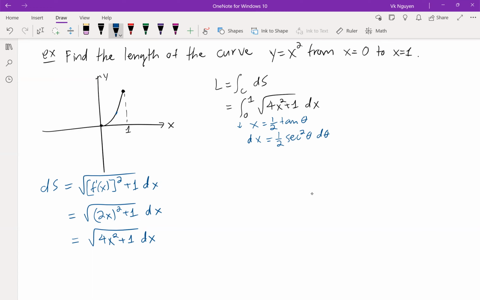And from here you see that 4x squared plus 1 is root of tangent squared theta plus 1. Tangent squared plus 1 is secant squared, so this would just be secant theta.